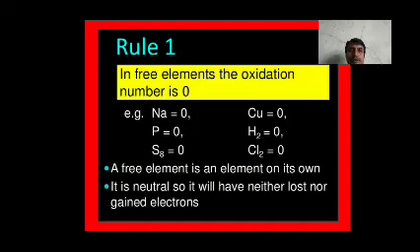In these molecules, the same atoms are combined with each other, and each atom has oxidation number 0. Every element is neutral, so it will have neither loss nor gain of electrons.